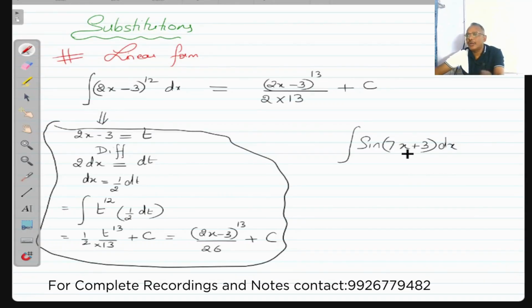What is the integral of sine x? Minus cos x. तो राइट cos of 7x plus 3, लेकिन x का कोएफिशिएंट डिवाइड कर देना.